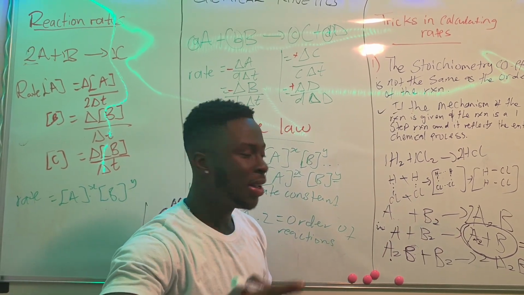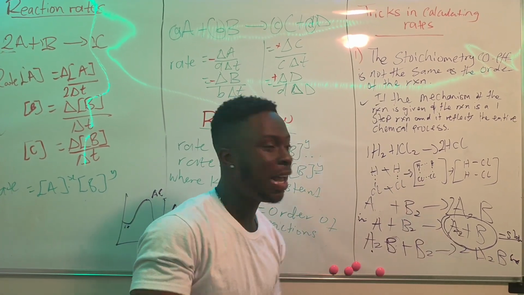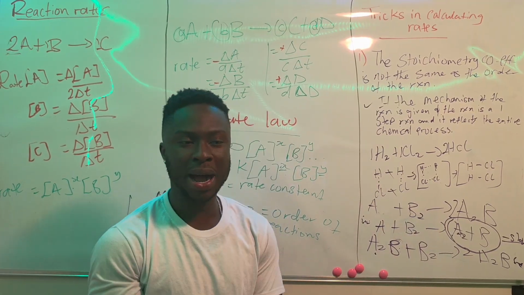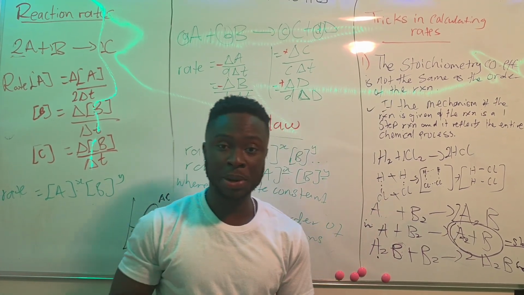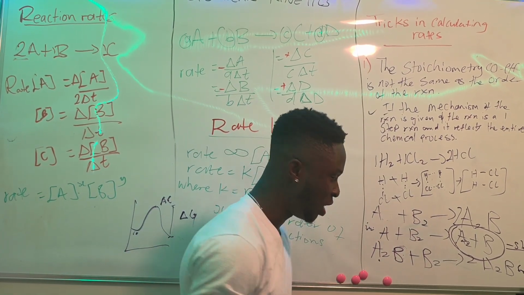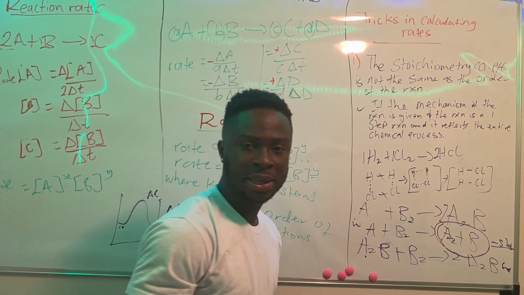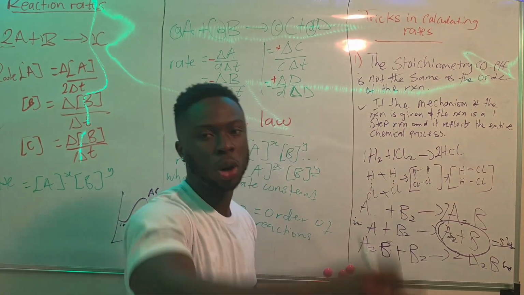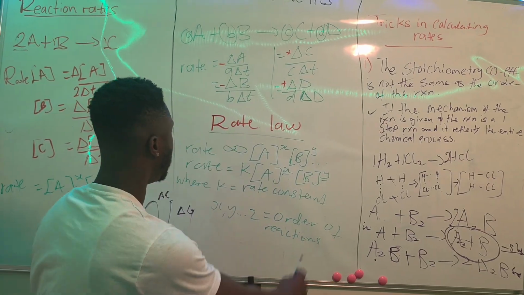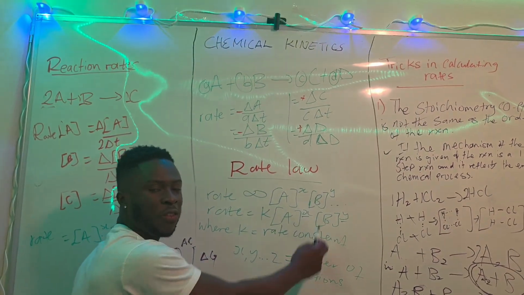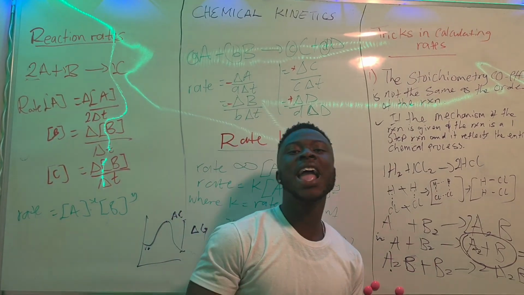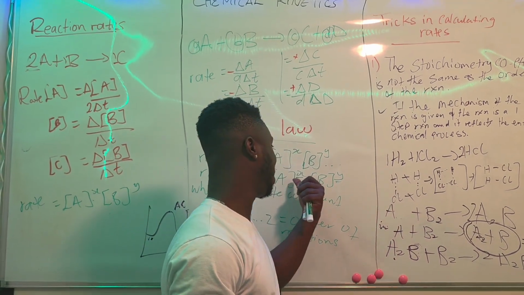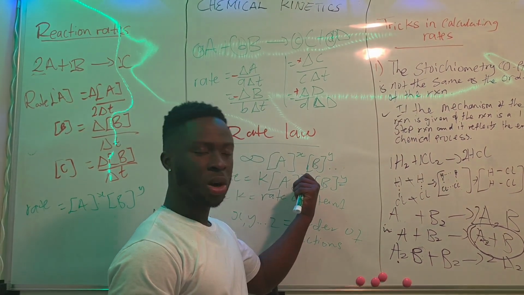But if it forms an intermediate, then you have to use the law of mass action, which is equilibrium, to determine the concentration of this intermediate, plug it back into the rate expression, and then find your rate constant or your rate orders.